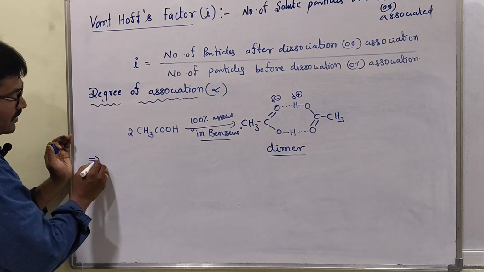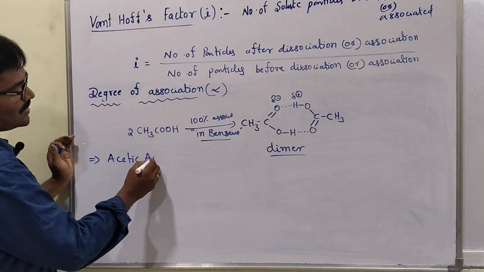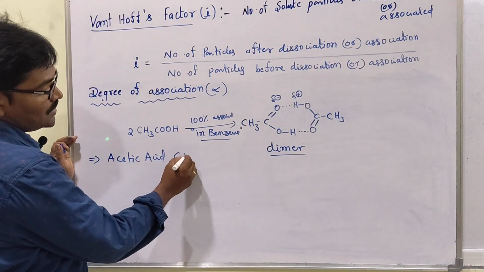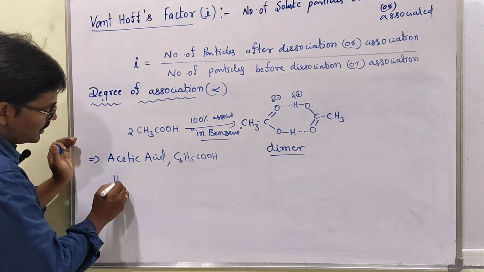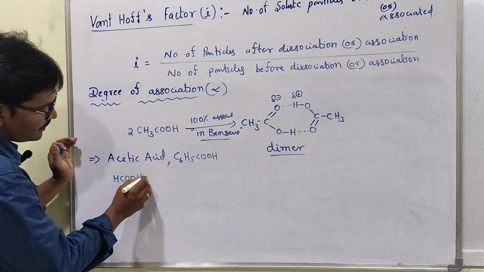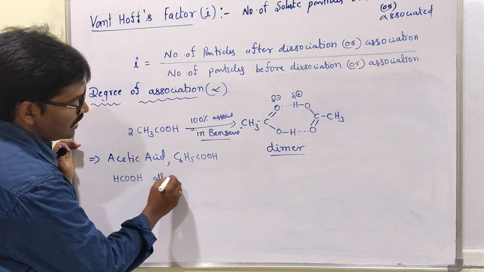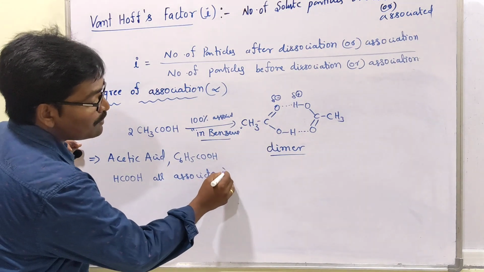Remember that acetic acid, then benzoic acid C6H5COOH, then formic acid HCOOH, all associate in benzene.